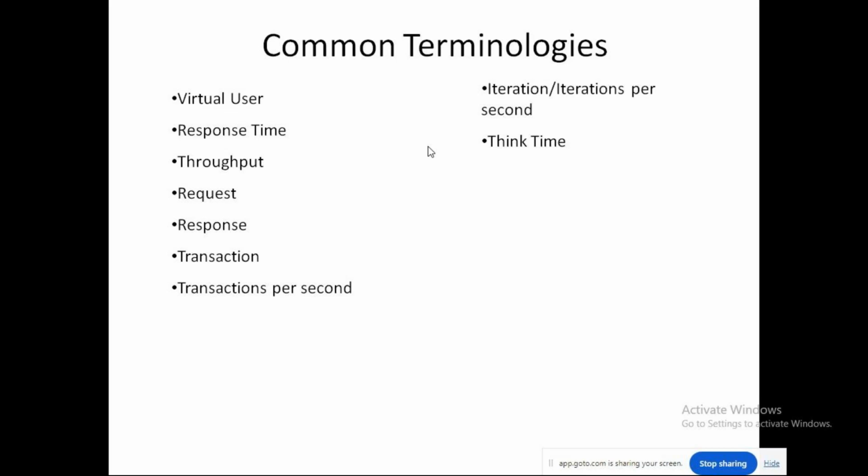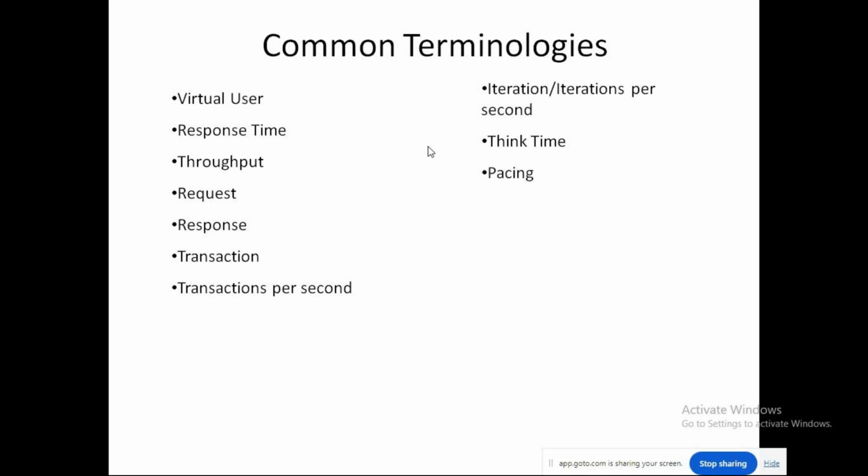The time delay between different user transactions. So that delay between the user transactions is called the think time. That delay between the user transactions is called the think time, guys. Okay.